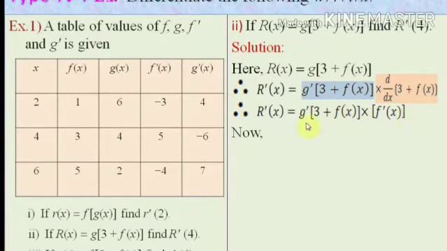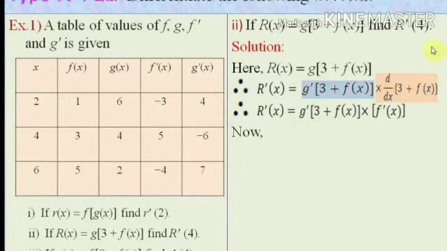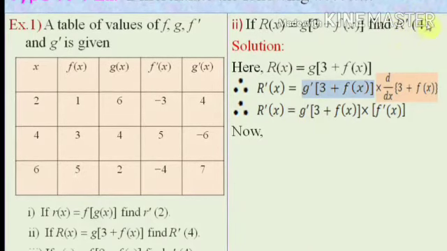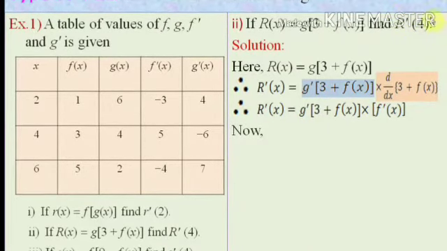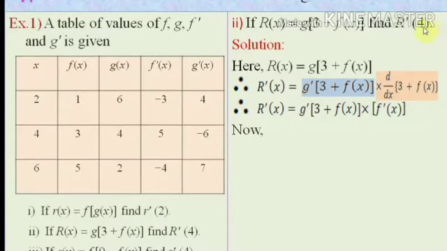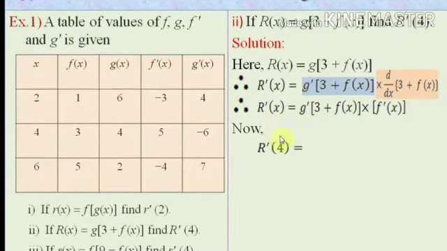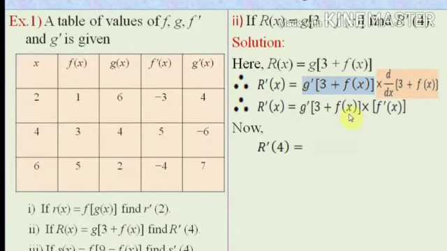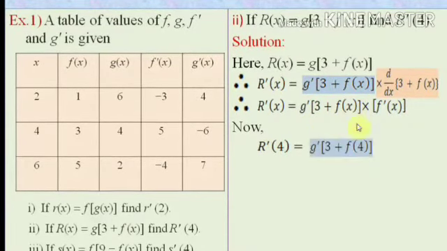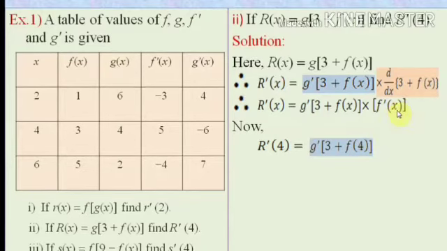Now we have to find the derivative of r with respect to x at x equals 4, and therefore r dash of 4 becomes, putting x equals 4, r dash of 4 equals g dash of 3 plus f of 4 into f dash of 4.